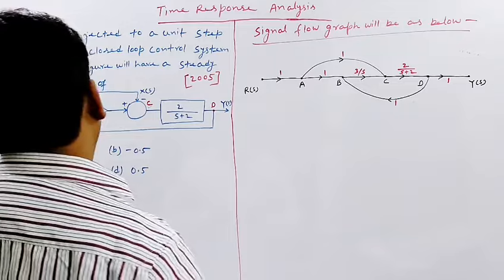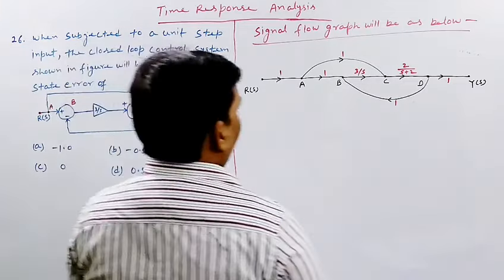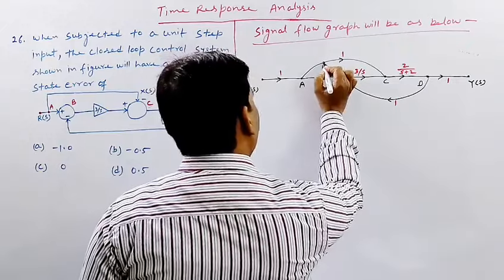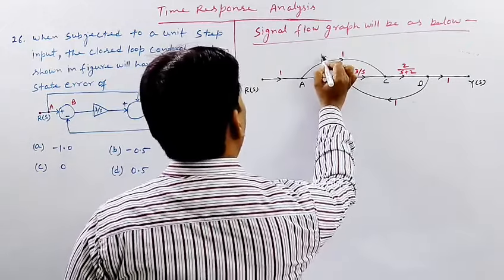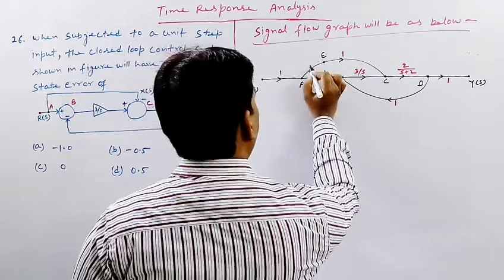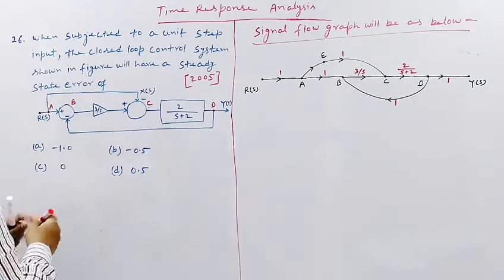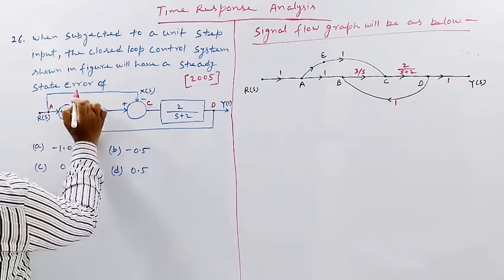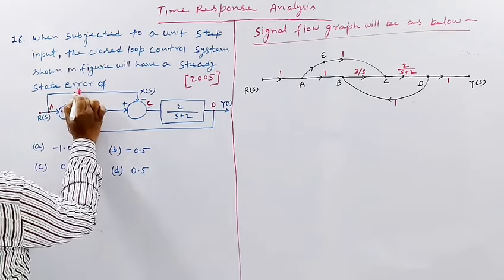Another forward path is R A, and let us denote this point here as, suppose, E. Then it would be easier for us. So let us denote that point E here. Okay.